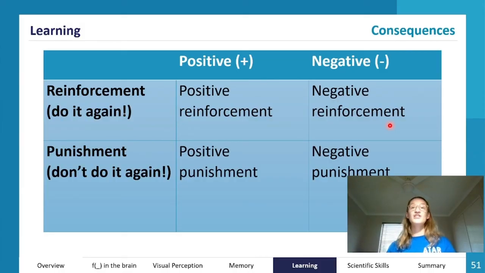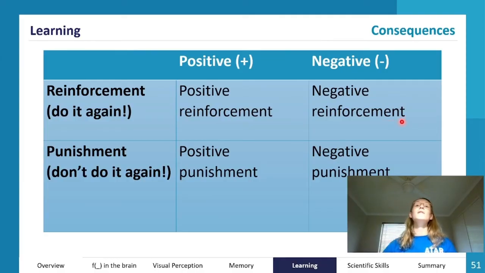The student might actually clean their room to get rid of the nagging. So the outcome of cleaning their room is that the nagging, which is a negative stimulus, is taken away, which reinforces the behavior. So they're more likely to do that behavior again, because a negative thing was taken away.